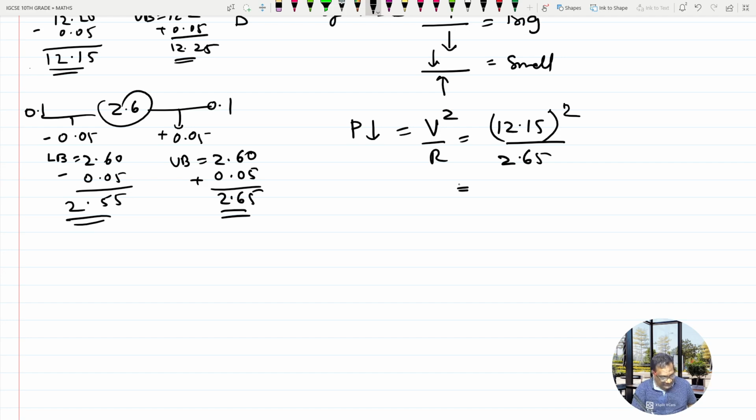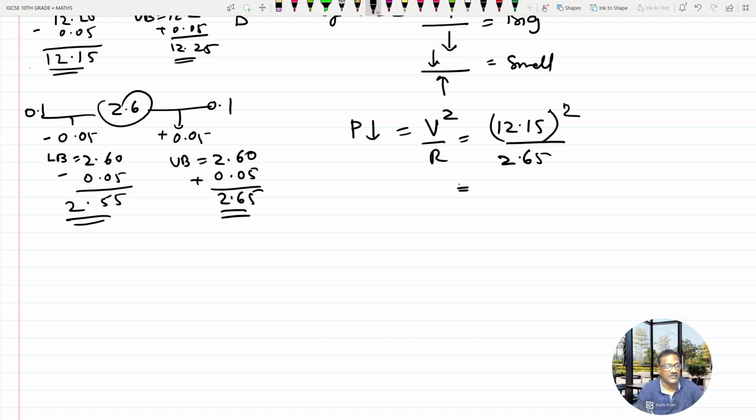And that you are getting as 58.96. Am I right? One second. No, it's 55.7. 12.15 upon, lower bound I have to take, right?